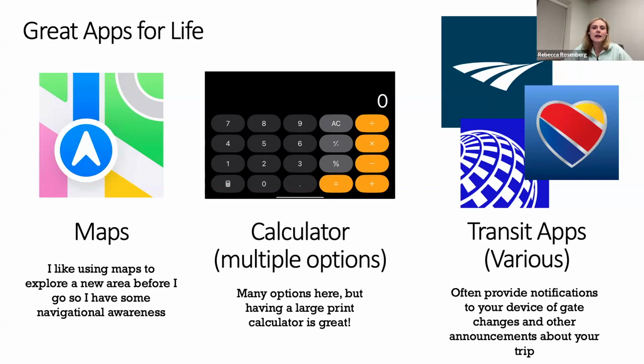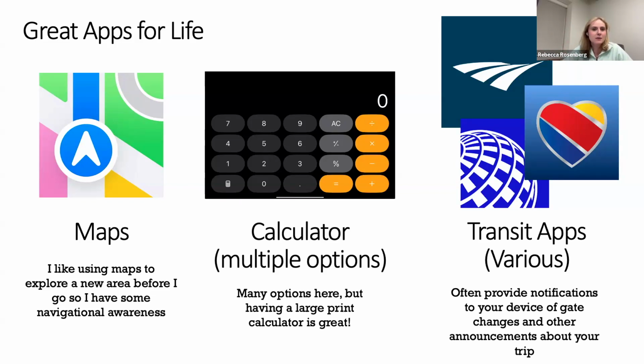I was using Maps the other day, I had to be in San Antonio for something, and I learned only through scrolling around on Maps that I was going to be 3 blocks from the Alamo, which for our younger folks is a big historical site. And so it was only through scrolling around on Maps that I found that and was able to go do that when I got there.